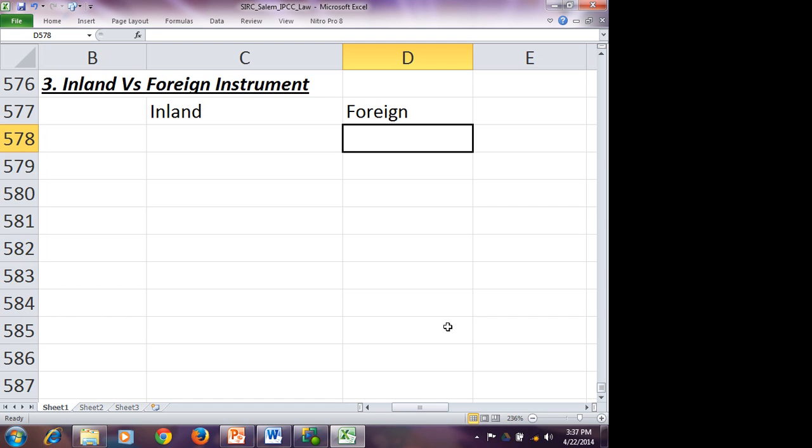Drawn by a person resident in India, but paid by a person outside India. The drawer could be a resident, the drawee could be outside India. Therefore, we cannot have an understanding that it is within the boundary. That is not correct. So, the way to understand is, you need to conduct two tests.